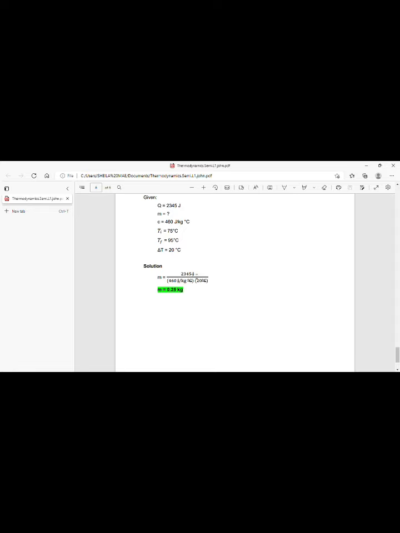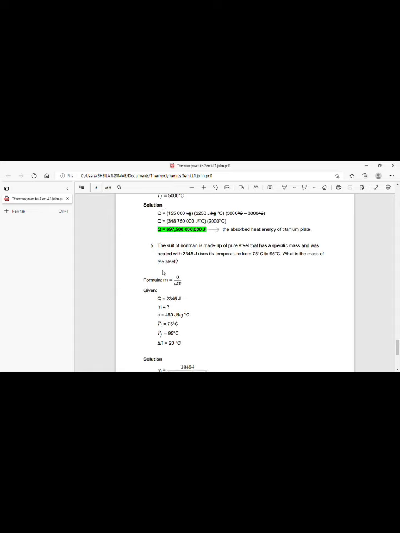We cancel out the units, joules and degrees Celsius, so that only kilogram will remain for our mass. We multiply it and then divide it into our heat energy. The answer here is 0.25 kilogram, which is our mass.